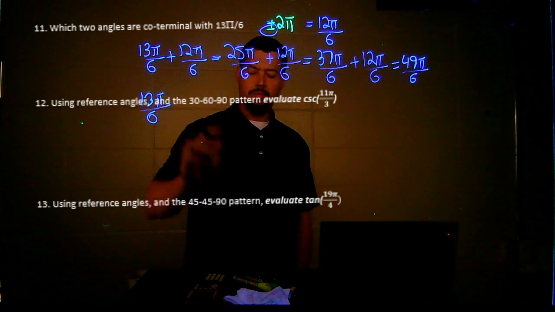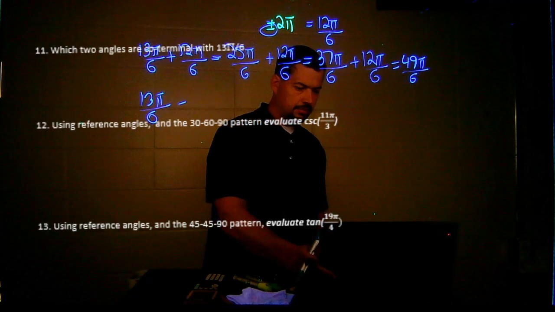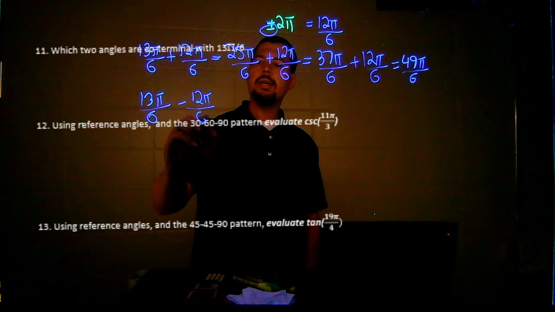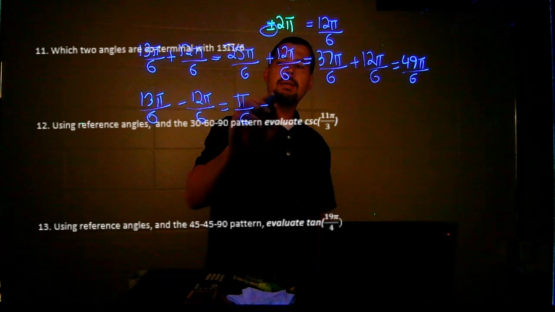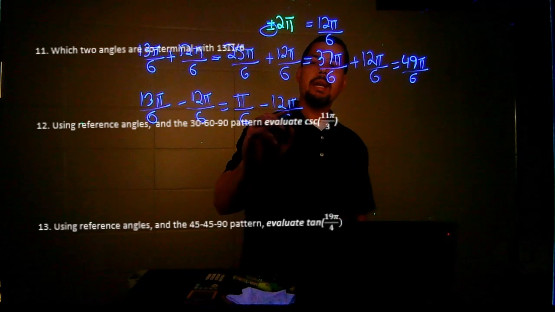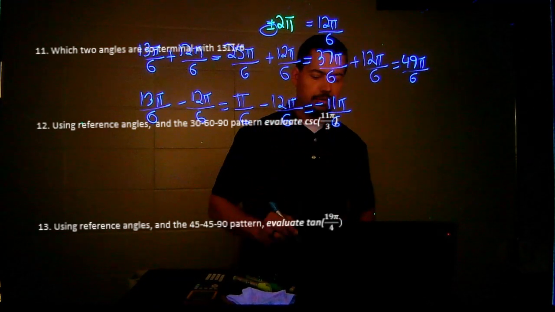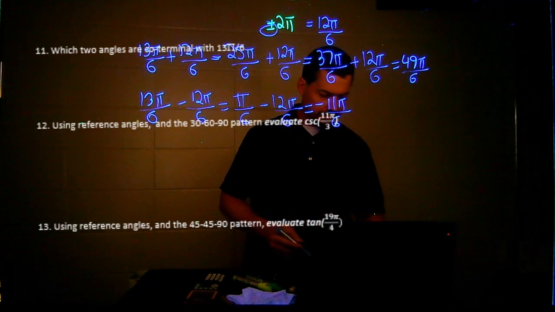So if I took away 12 pi over 6, I'd have 13 minus 12, which is 1 pi over 6. And I could just keep doing that over and over, and it will be multiple select. Your job is to find those correct choices, okay? That is your job. Find the correct choices.